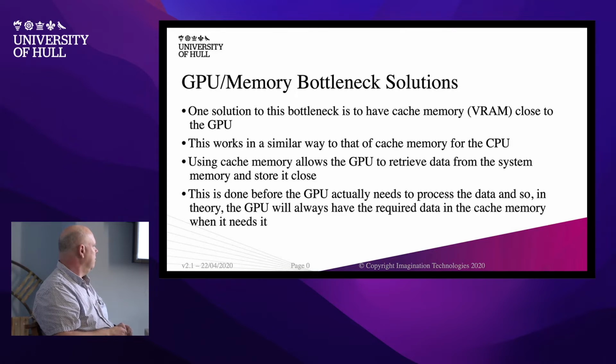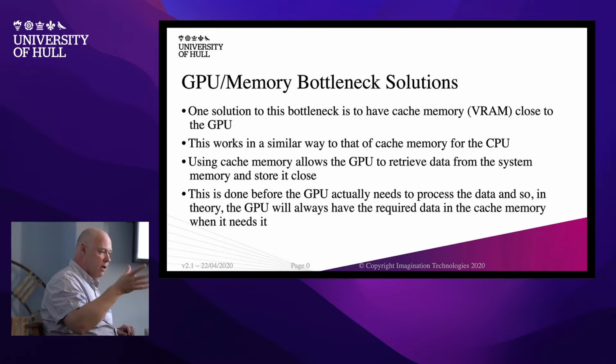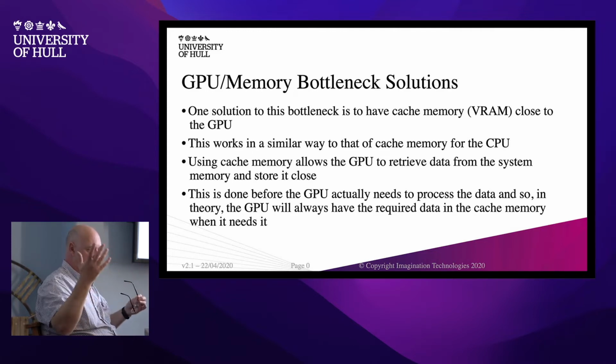Okay. This tends to be much bigger than CPUs have, because for the GPU you want to have your whole frame buffers, you want to have lots of VBOs, you want to have lots of data in there. Yeah, it needs that cache memory.